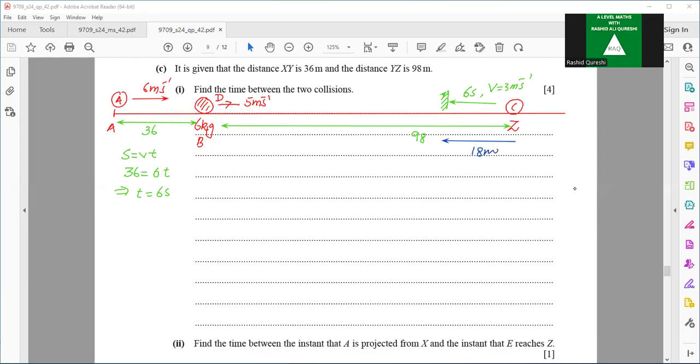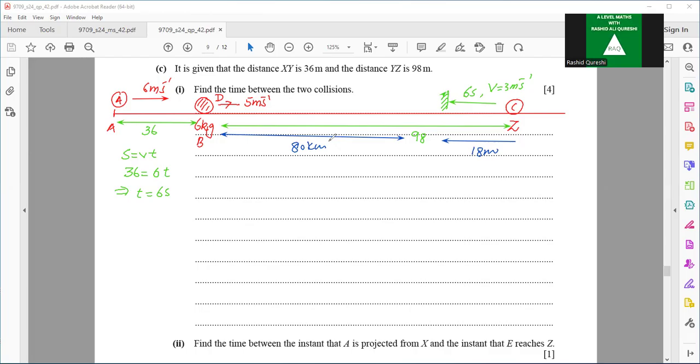So what's the remaining distance between these two? That becomes 80 meters, if I'm not wrong. So that distance is 80 meters. Now we have to solve.